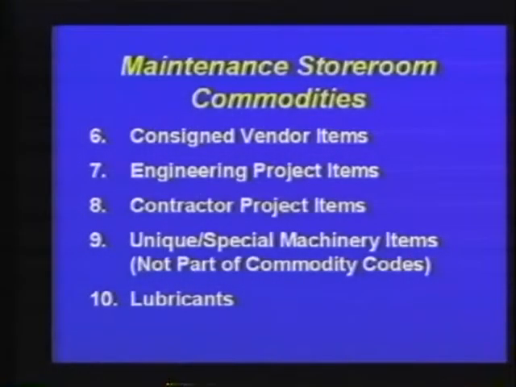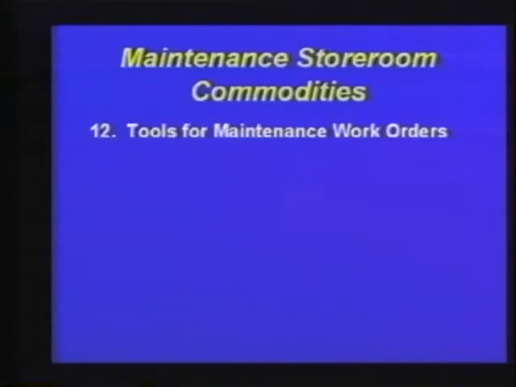Then we have items like lubricants, and here, how are we going to store it and how are we going to dispense the lubricant? Item 11 addresses janitorial supplies. Item number 12 are the tools used by maintenance personnel for specific maintenance work orders.